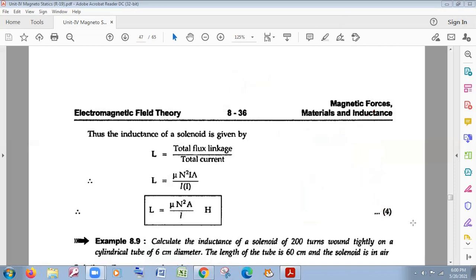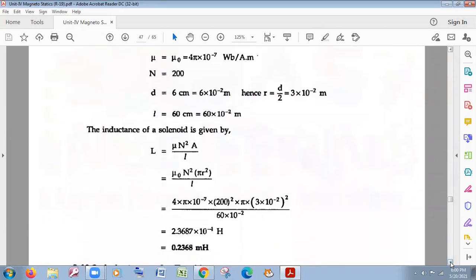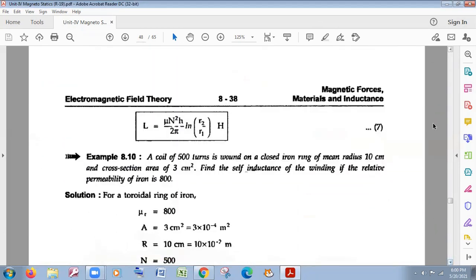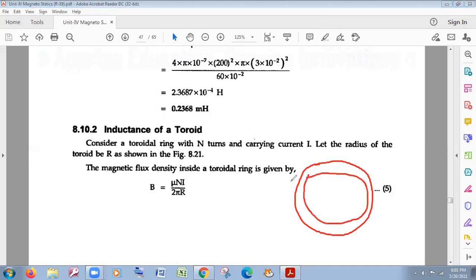The same thing for the inductance of the toroid. Consider a toroid ring with N turns. Toroid means it looks like this, my dear students.